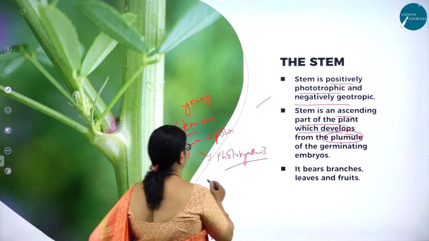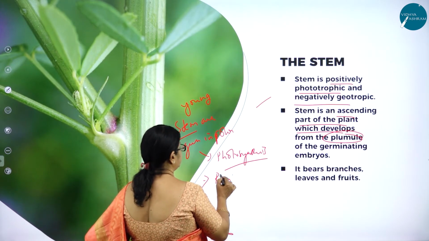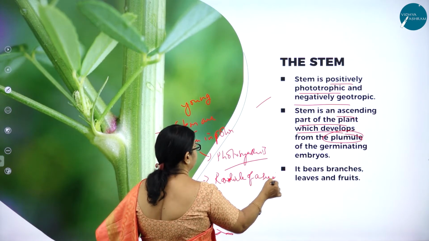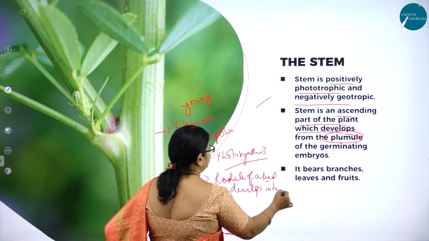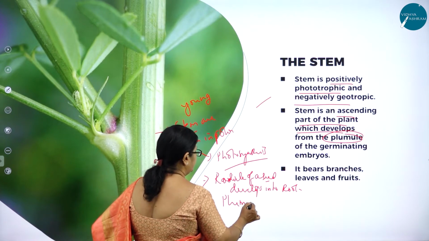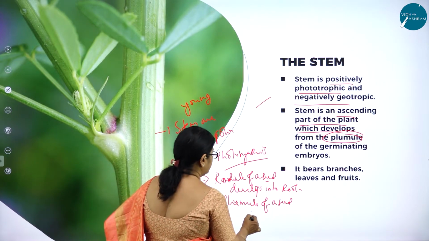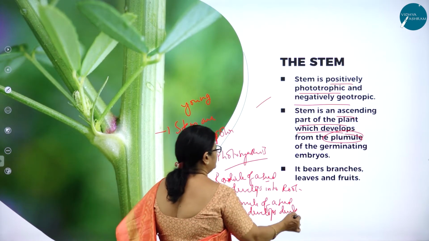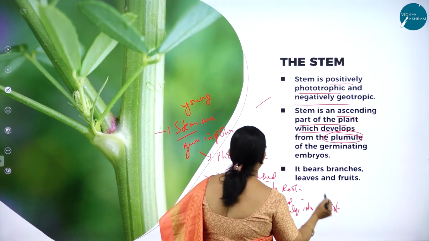Yes, very important. I forgot to say that. So the radicle of a seed develops into root, and the plumule of a seed develops into shoot, right?